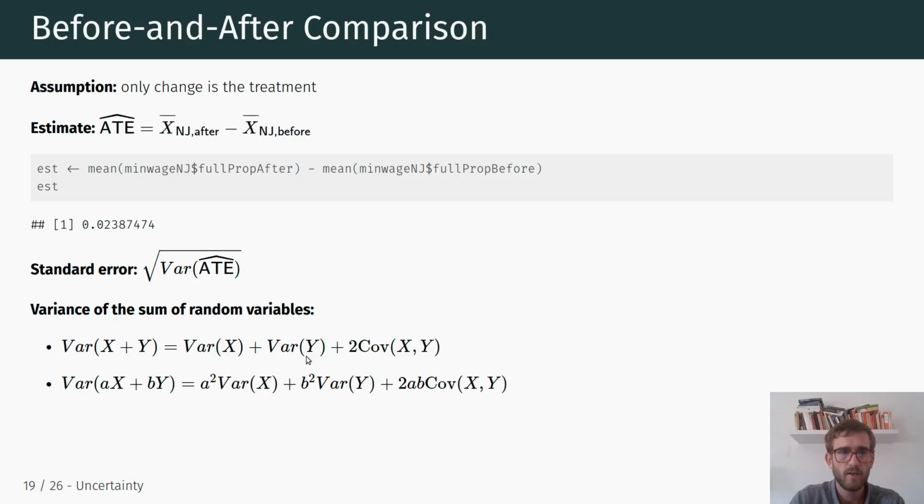Similarly, if we have an additional constant that we multiply, this is now just repeating variance and covariance rules. This is equal to a squared times the variance of x plus b squared times the variance of y plus 2ab times the covariance of x and y. Okay, so the factors a and b have to be taken into account here in the covariance as well.